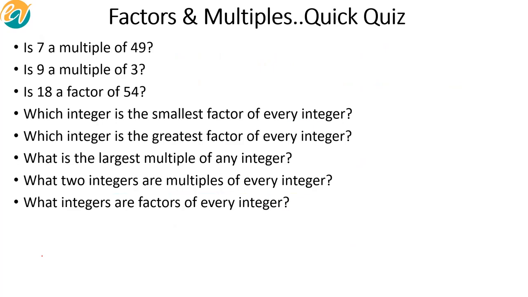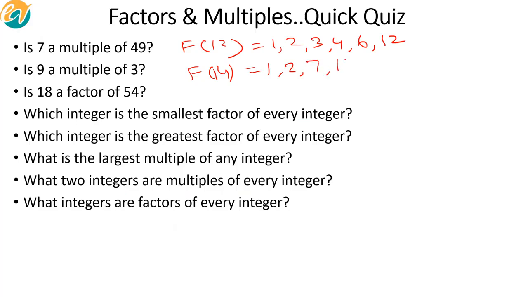What integers are factors of every integer? Incidentally, the answer is the same. Again, let's take the same two examples. Factors of 12, as we've seen multiple times, would be 1, 2, 3, 4, 6, and 12. Factors of 14, for example, would be 1, 2, 7, and 14.